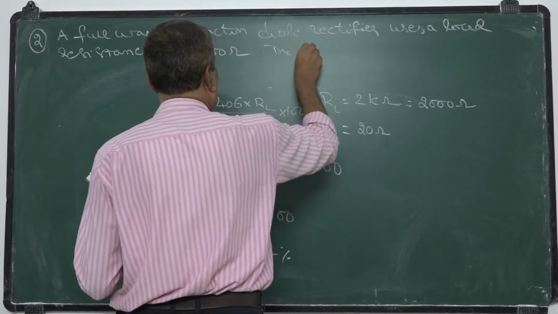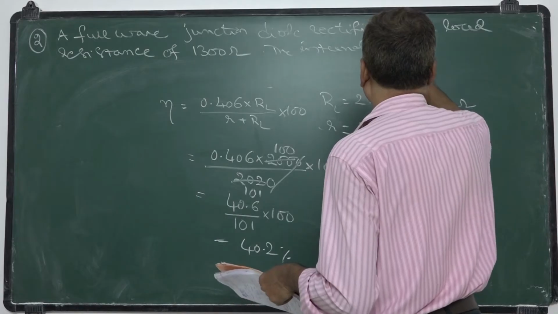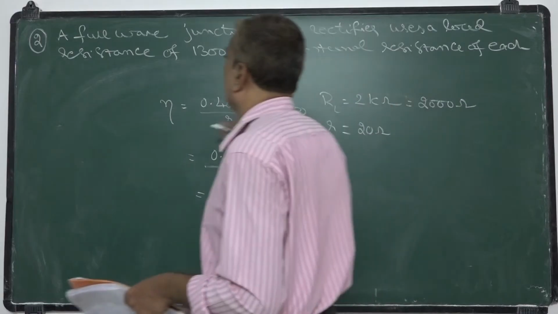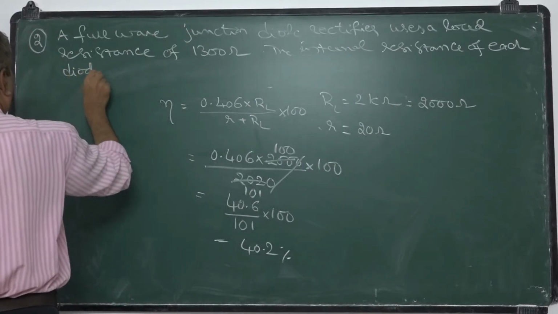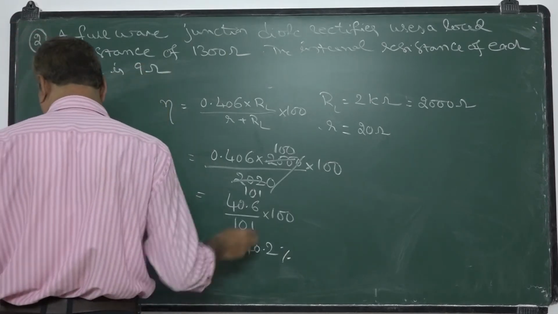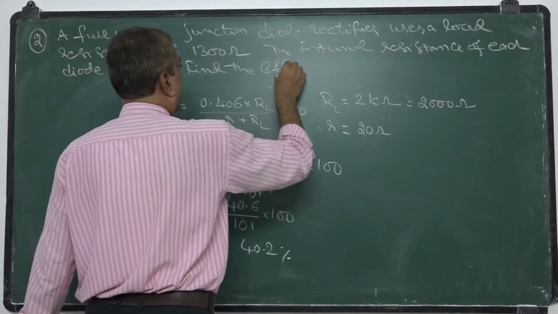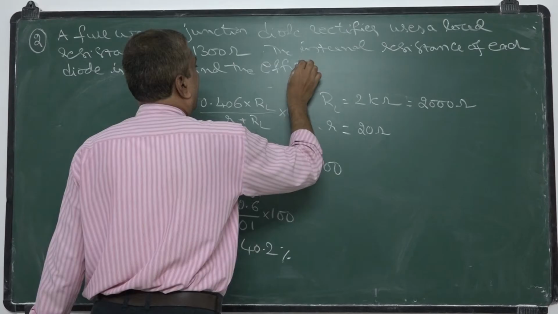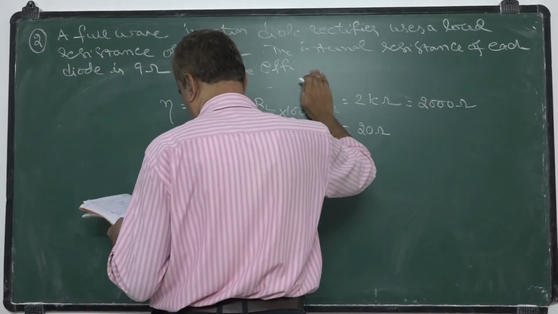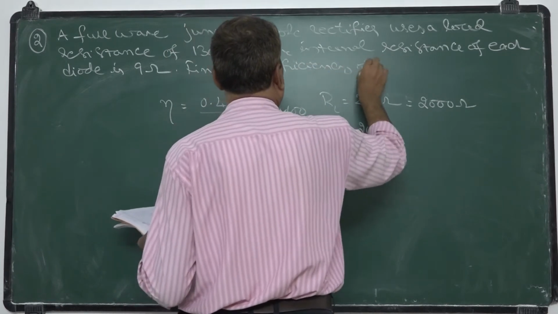The internal resistance of each diode is 9 ohm. Find the efficiency of the rectifier.